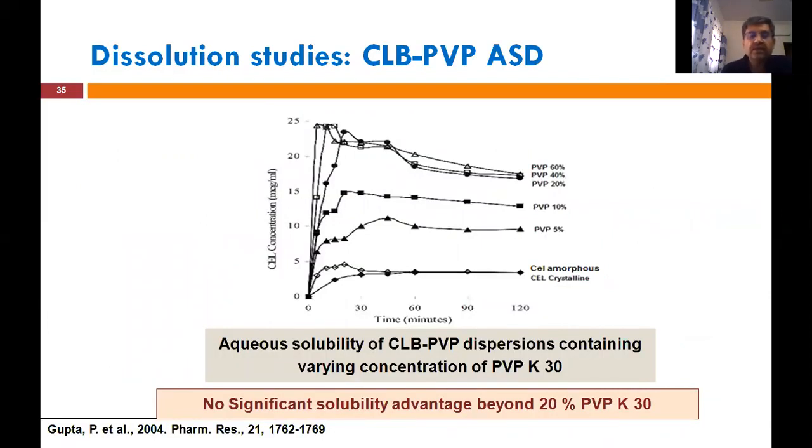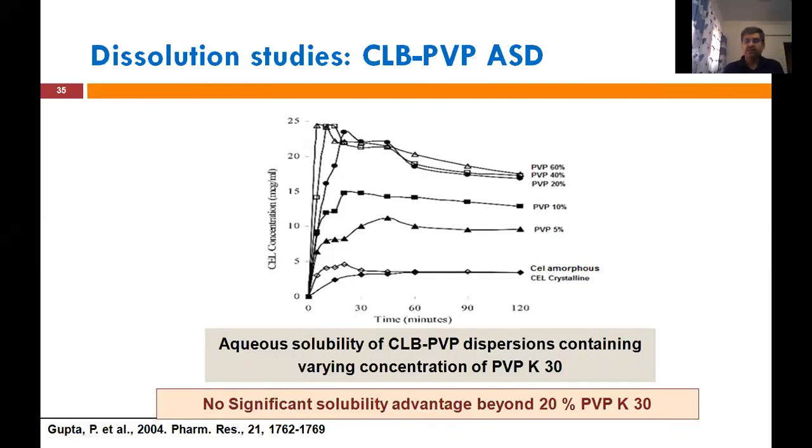The dissolution advantage from the solid dispersions is shown in this particular diagram. This is the value that you get with pure crystalline celecoxib, which is around 3.5 micrograms per ml.